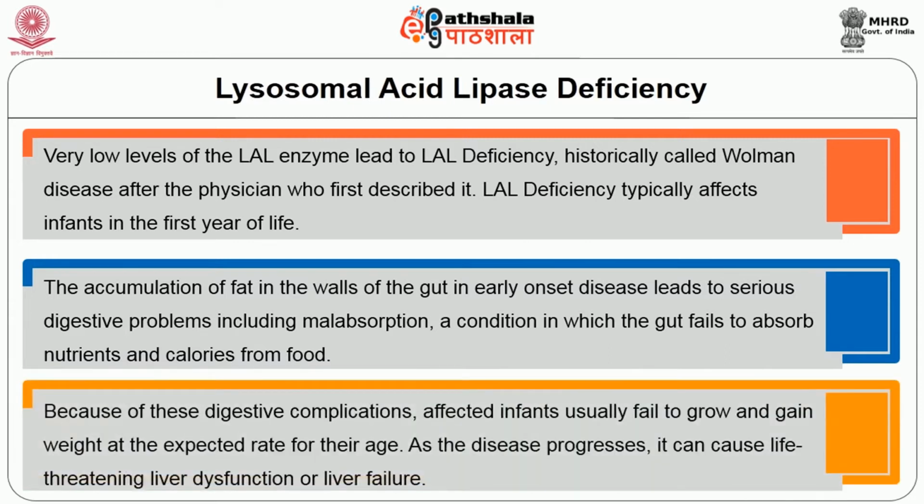Because of these digestive complications, affected infants usually fail to grow and gain weight at the expected rate for their age. As the disease progresses, it can cause life-threatening liver dysfunction or liver failure.